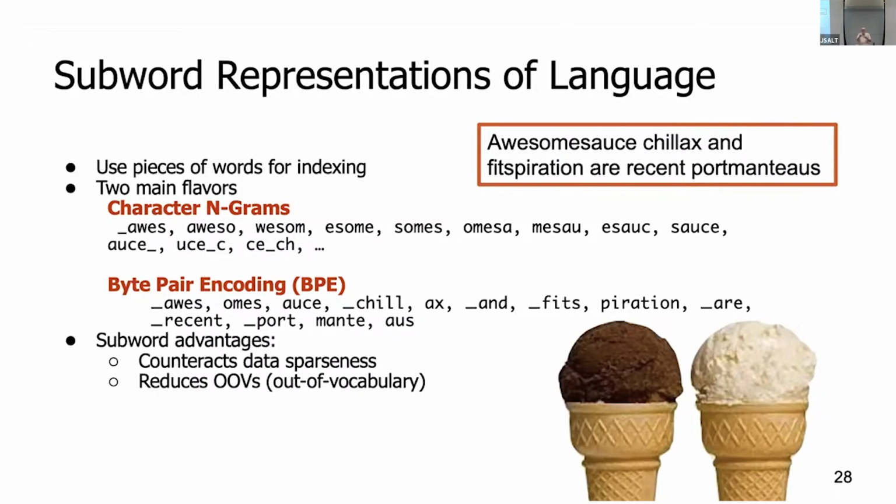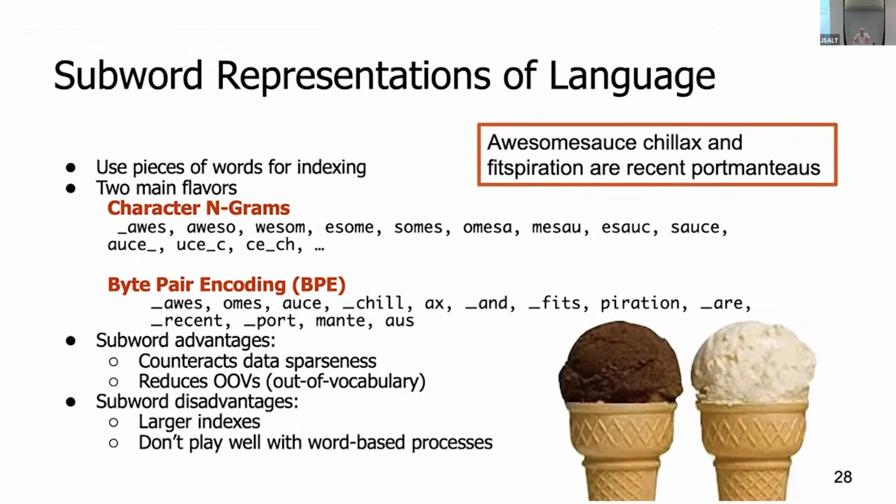If you're just using words, that term is lost as an indexing term. But if you can break it down into pieces in such a way that the pieces occur in the document, even though that particular way of putting them together does not, then you have a much more effective system, because you're getting information about parts of the word, even though you don't have information about the whole word.